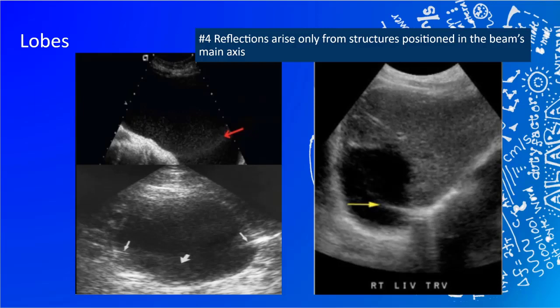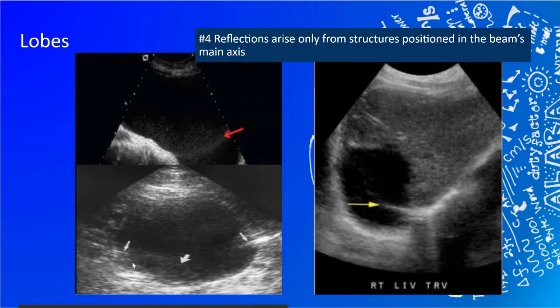Well, when we have those grating lobes, they actually are strong enough to create reflections that are going to head back to the transducer. And so when that happens, the transducer and the machine expect that those reflections came from the main axis. So the transducer is like, cool, let's display those. And then they end up in our picture as artifacts.